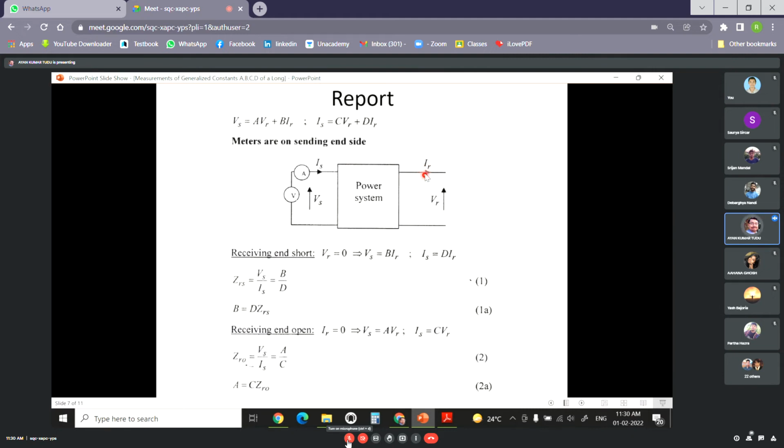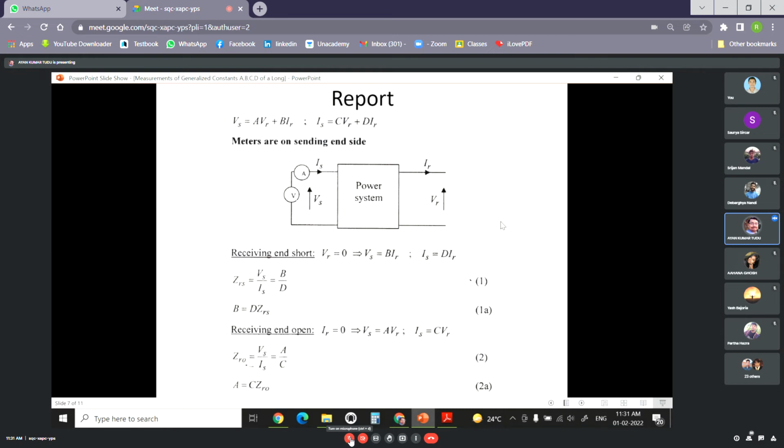But since we are talking about a transmission line, this is the input side and this is the output side, and since we are considering it to be a transmission line, the current direction will not be changing. Whereas in the convention of two-port networks, both the currents are actually into the network. So since we are considering a transmission line, we can think of Is and IR to be in this direction.